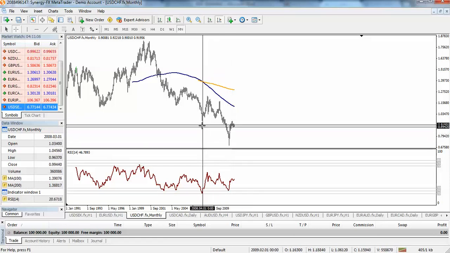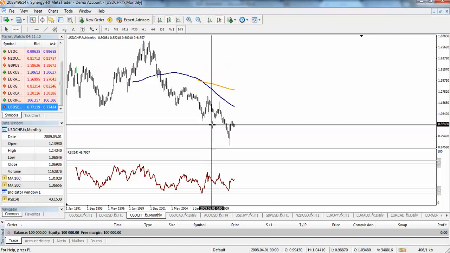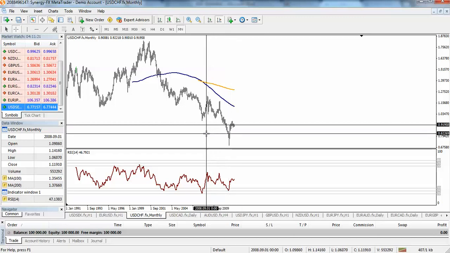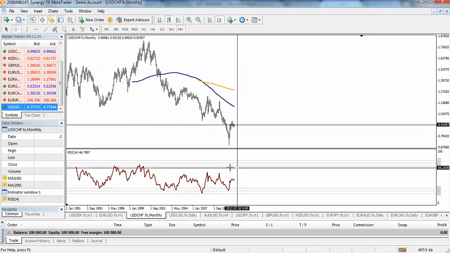This is back in March 2008, and this low is in August. So we did close lower in price and have a higher low in the RSI, so that's a bullish divergence, and a push to the upside looks like it may have just begun.